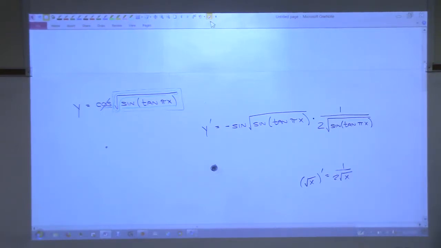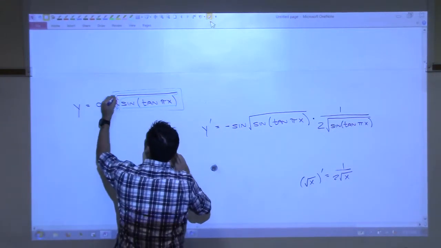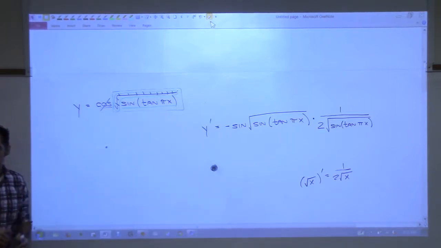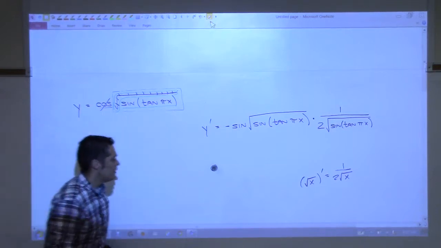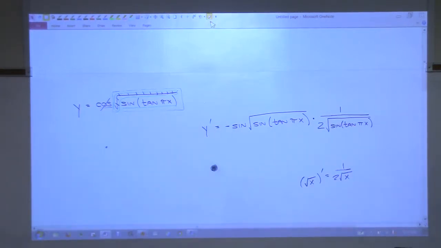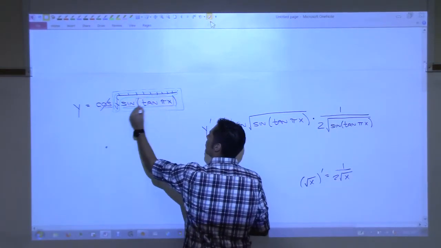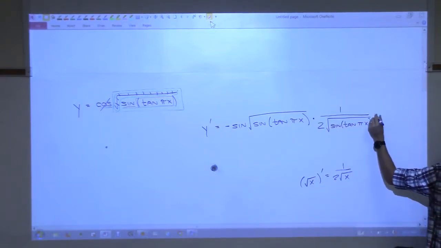I'm not done, right? I have only gone through and done the cosine, and I've done the square root. What's the next layer in? Sine, right? Sine of this. So if I'm going to take sine of something and take the derivative, what is its derivative? Cosine. So I'm trying now to take the derivative of sine of this junk right there. That would be multiplication again, right?